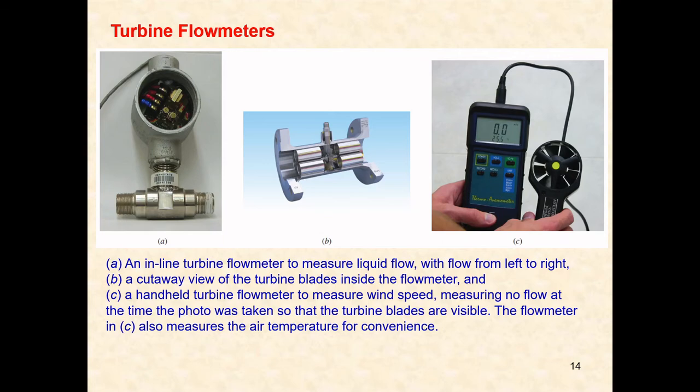The temperature is also measured and sent to the meter. You can see here we have 00 at the top, where it measures the wind speed, and then 25.5, which is actually the temperature, 25.5 degrees Celsius. Sometimes this meter can also store the data, so it is not just a meter but also a data logger.